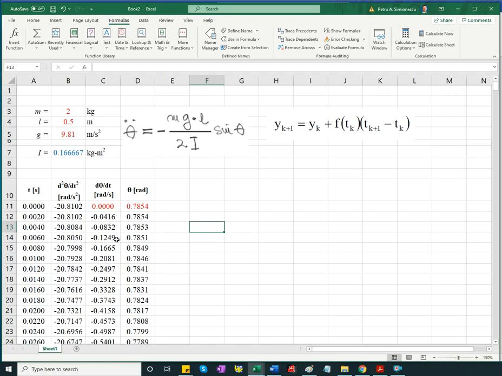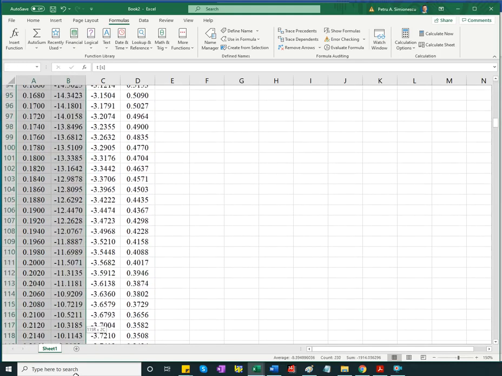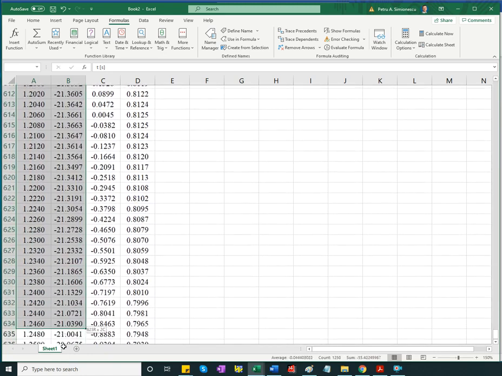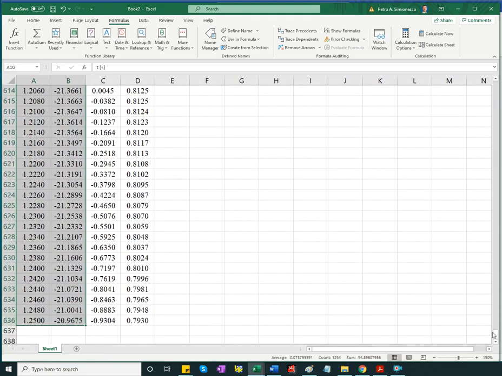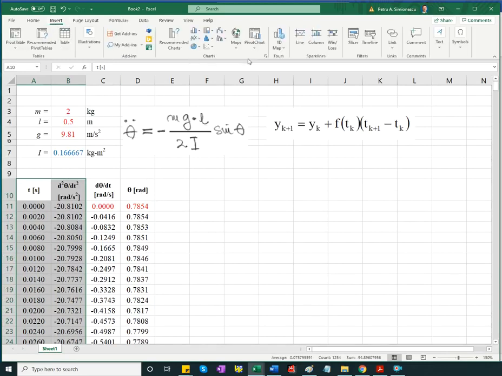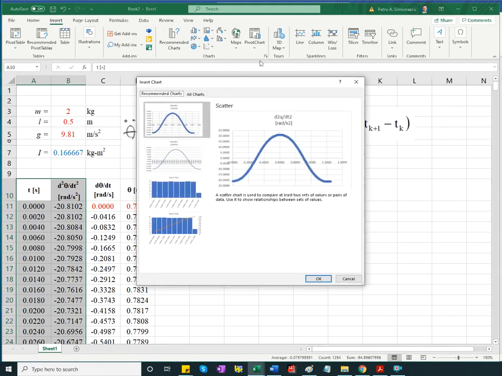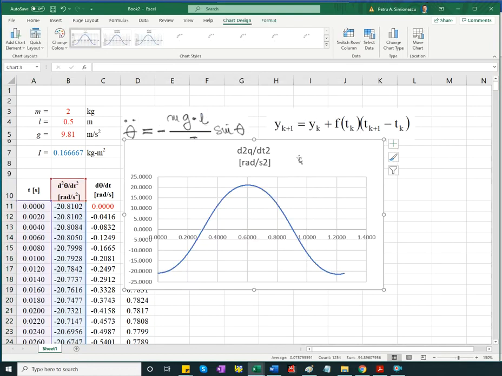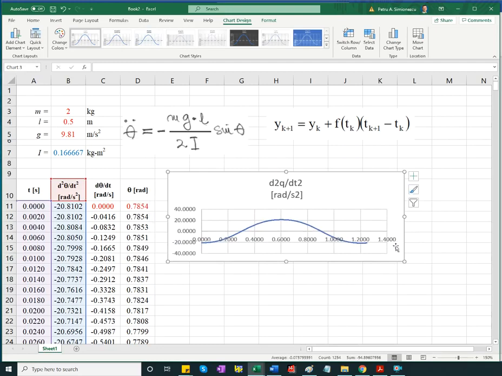I can of course plot the other two. Let me select these first two cell columns, and I'm just going to plot a graph of them. So insert and charts, and it will be all charts, and scatter, in this one, no markers and no smoothing. Okay, so I have the acceleration.